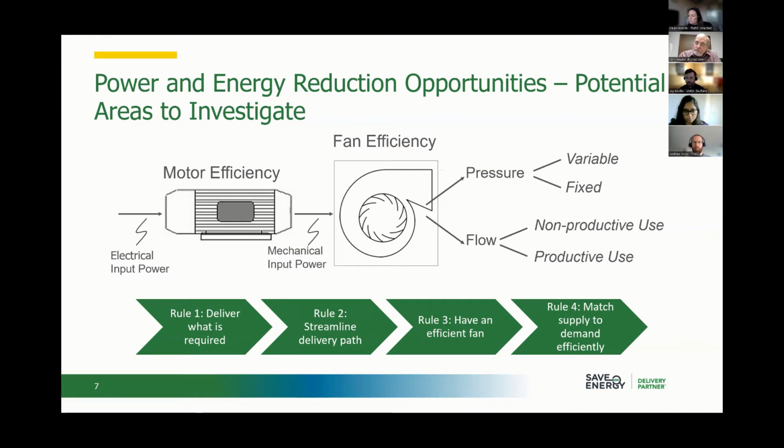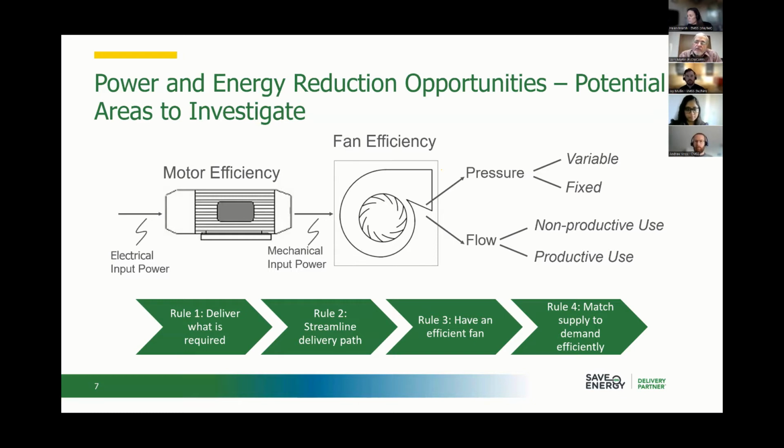So when I look at a fan system, and I lay it out like this, we know that we've got electrical power coming in. We may have some efficiency aspects to the power coming in. It may be going through a VFD, where there'd be a bit of an efficiency loss. It's coming into the motor. There's a bit of an efficiency loss, but at some point we're going to have a motor that's turned electrical power into mechanical power, and it's driving a fan.